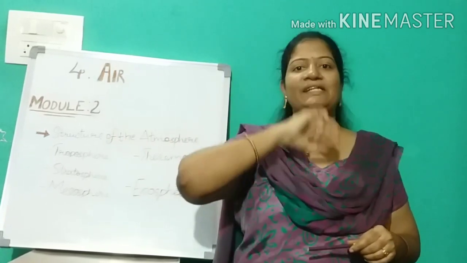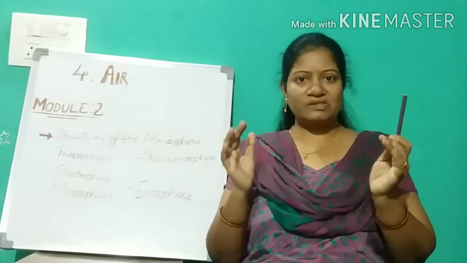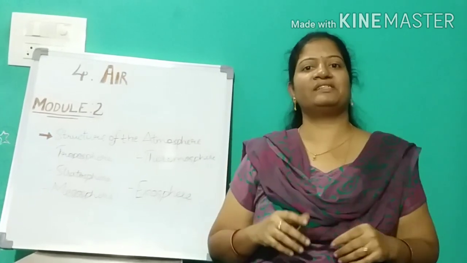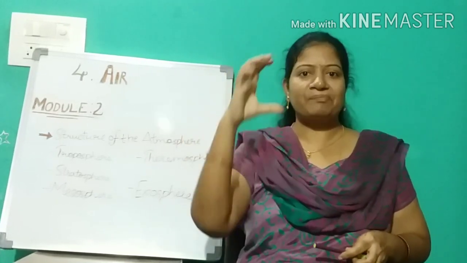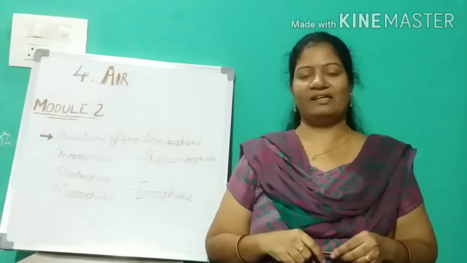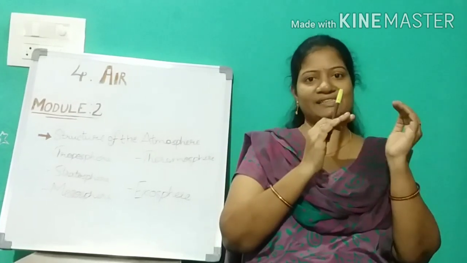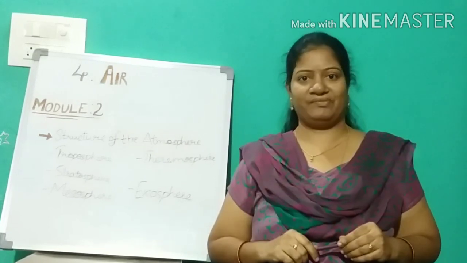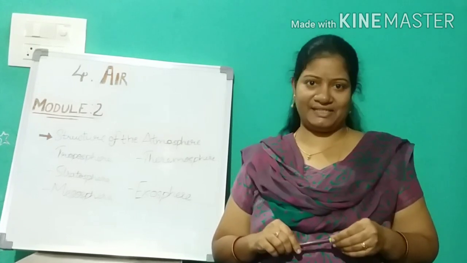Coming to the height in the troposphere, the complete atmosphere is in 11 kilometers of height only, but going up 1 kilometer the temperature decreases by 6.5 degrees Celsius. That change in temperature is called the lapse rate.